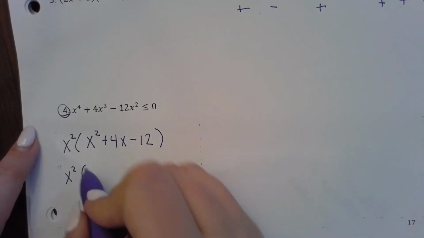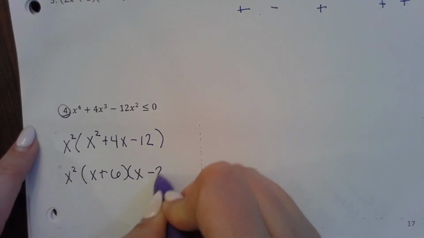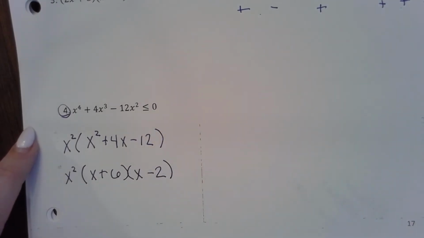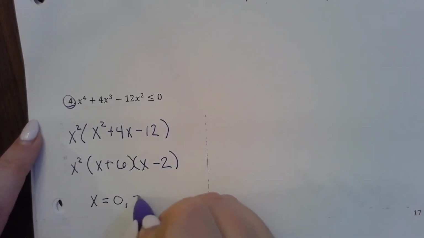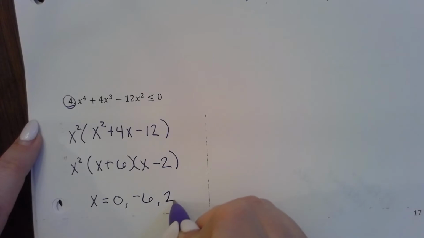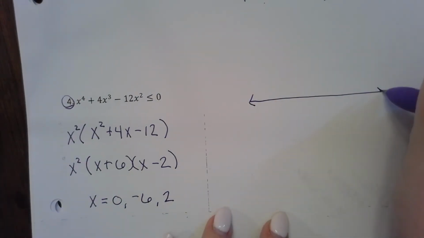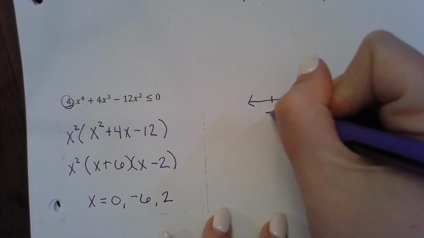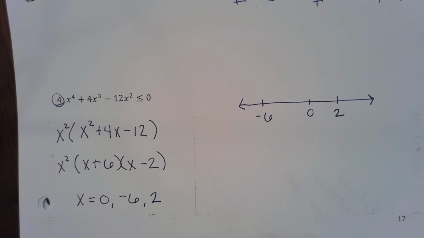Well, that would be x plus 6, x minus 2. So that makes our zeros 0, -6, and 2. So now when we go to our number line, we are at -6, 0, and +2.